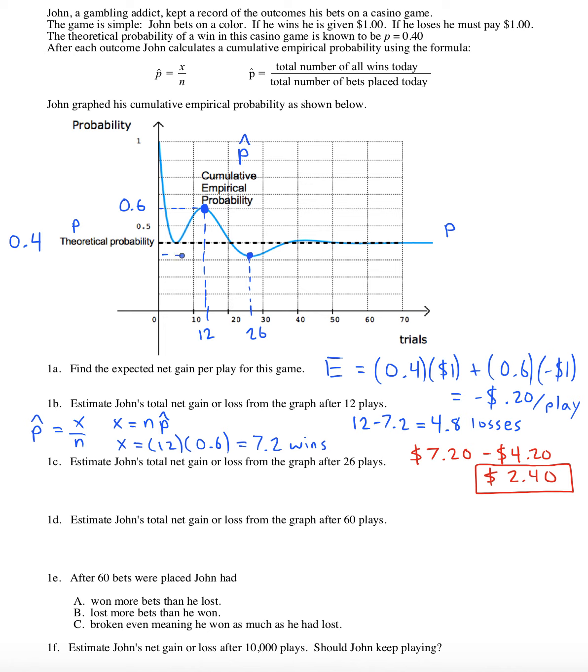Trace it over to see what his cumulative empirical probability is. I estimate maybe 0.32. So we'll use the formula. 26 plays, cumulative empirical probability of 0.32.